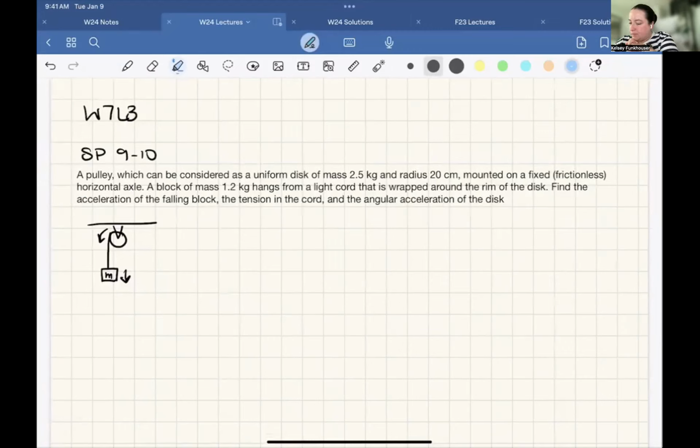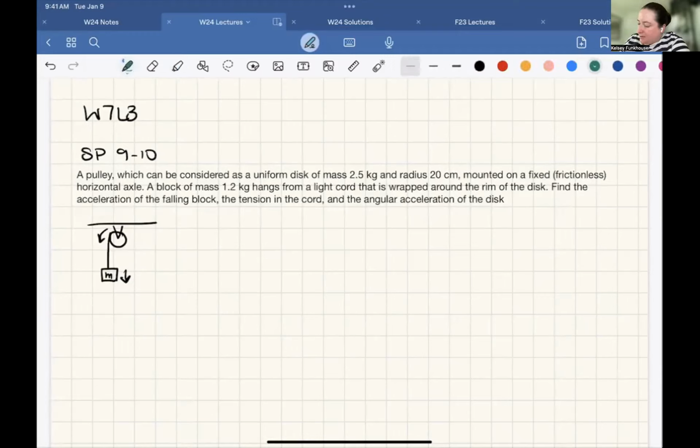So the problem is a pulley, which can be considered a uniform disc of mass 2.5 kilograms and radius 20 centimeters, mounted on a fixed frictionless horizontal axle. A block of mass 1.2 kilograms hangs from a light cord that is wrapped around the rim of the disc. Find the acceleration of the falling block, the tension in the cord, and the angular acceleration of the disc.